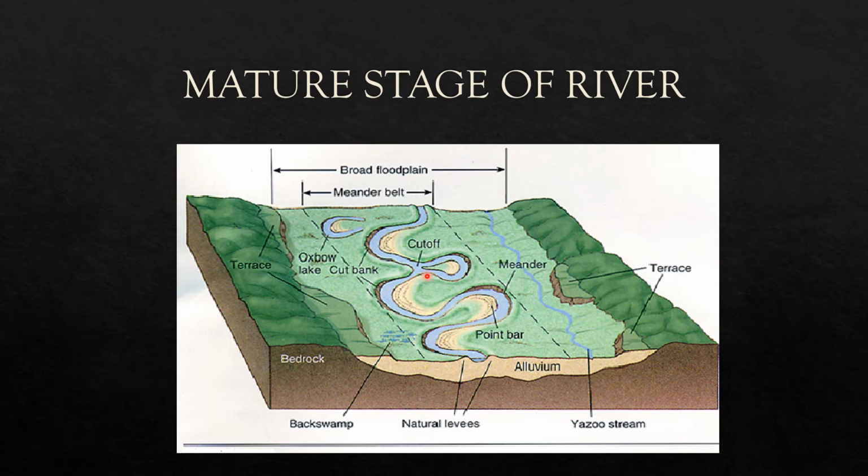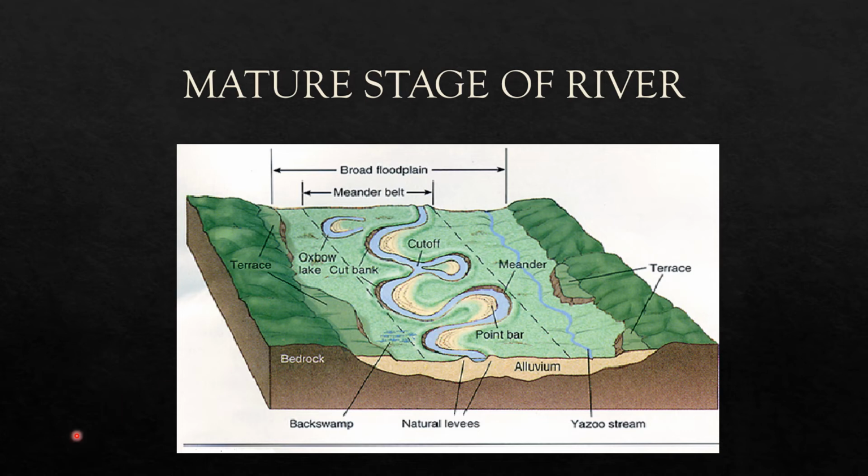Added to this, its channel is widened very much, because rocks are not hard to erode in this region. So with how much it is eroding, it is harder for it to carry all the sediments further on. That's why it starts to meander, and if the flow is very high, then these parts will be cut and this will be joined by this part of the river.